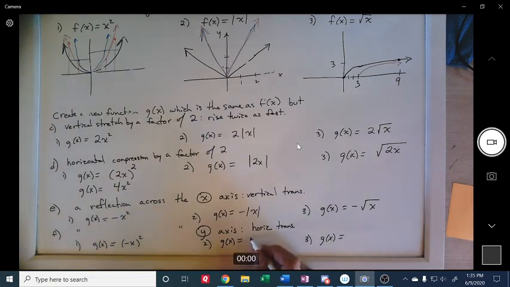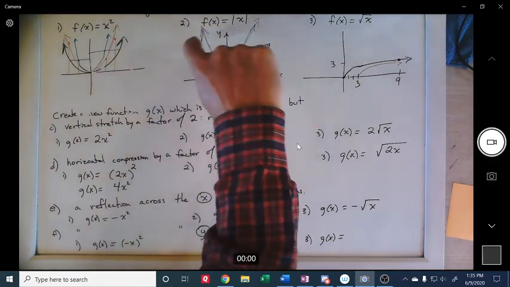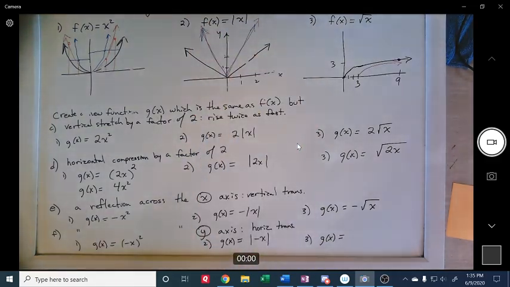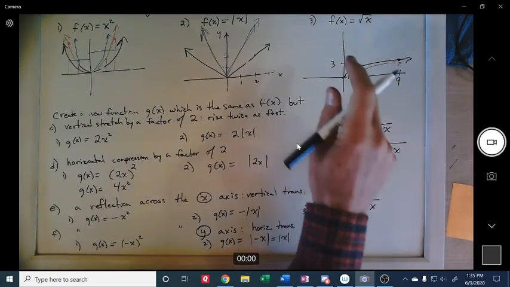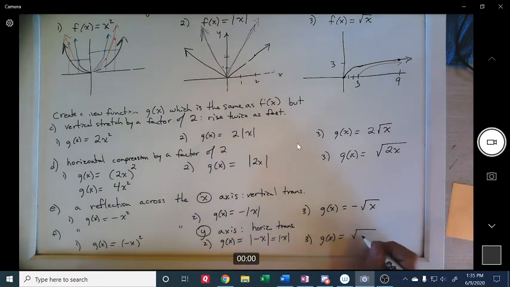And over here, this is going to be the absolute value of negative x. And the same thing happens here. The function was already symmetric across the y-axis, so reflecting across the y-axis wasn't going to do anything. The absolute value of negative x is the same as the absolute value of x, so the graph stays unchanged. This one, though, does change.